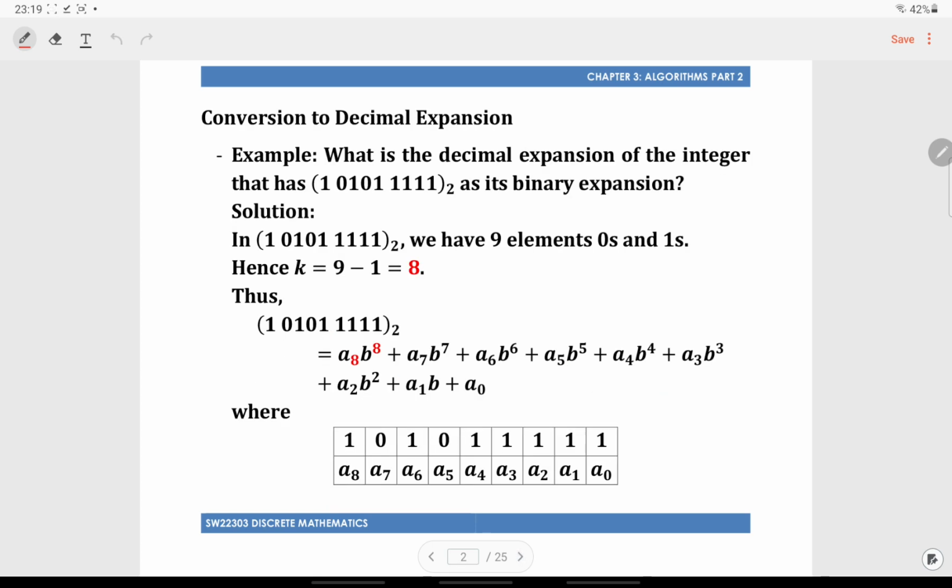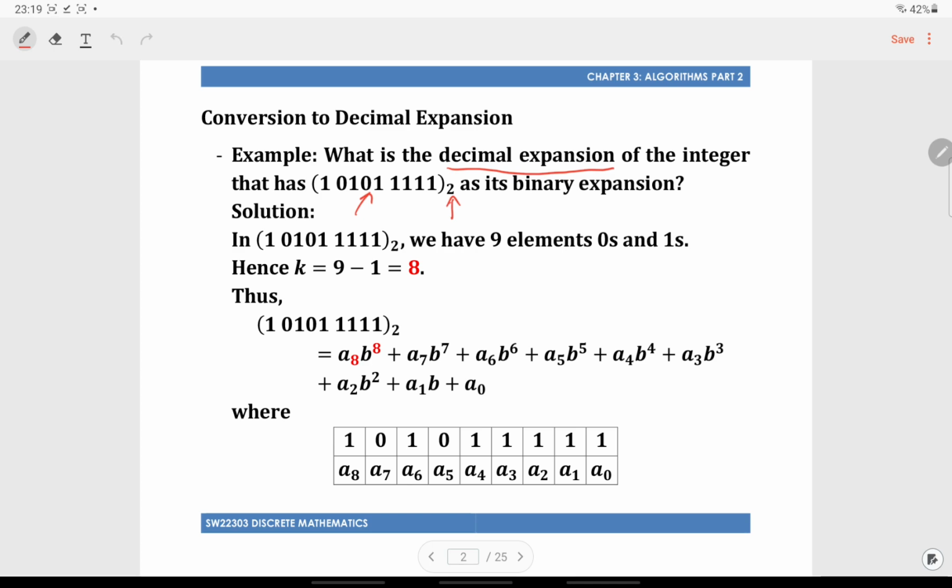Conversion to decimal expansion. Let's see how to do the conversion. What is the decimal expansion of the integer that has this number to the base 2 as its binary expansion? That means we want to convert from the binary expansion to the decimal expansion.